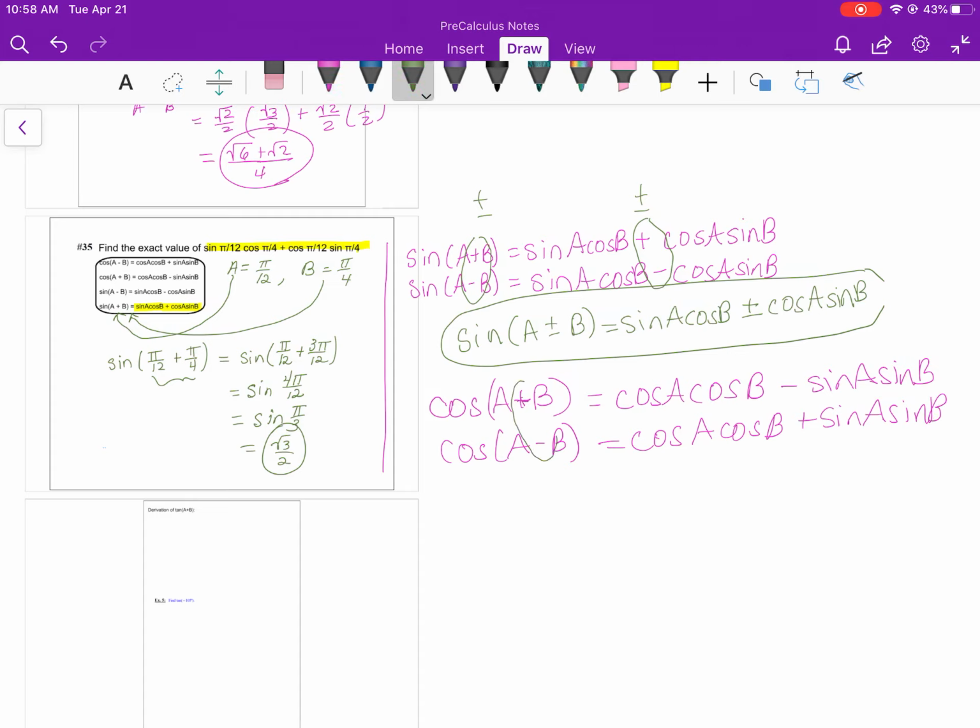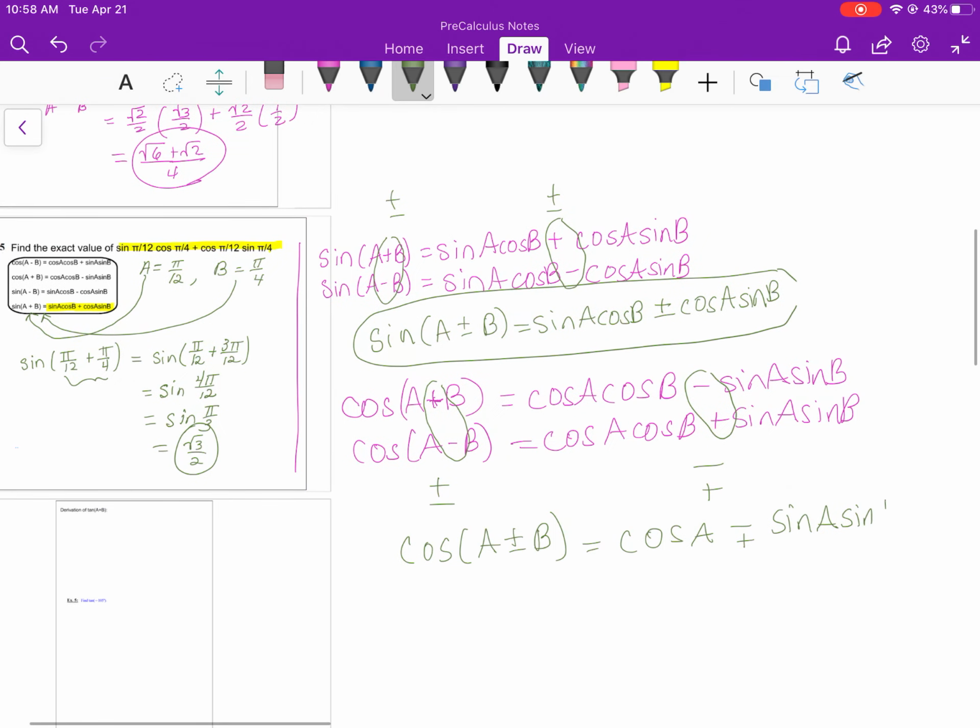If we go and look here, that's a plus or minus. But if we look here, that's a minus and a plus. So they're going to chunk these together as the cosine of A plus or minus B equals cosine A cosine B, minus or plus sine A sine B.